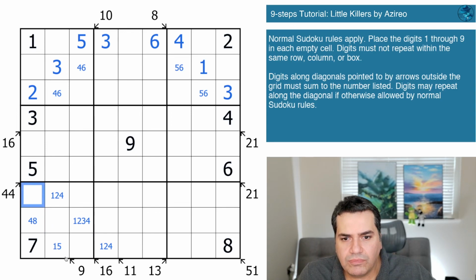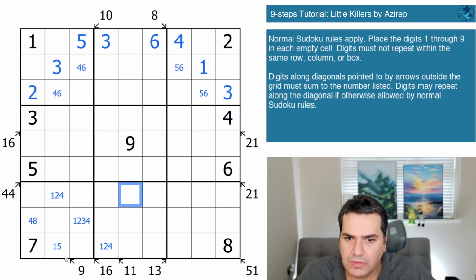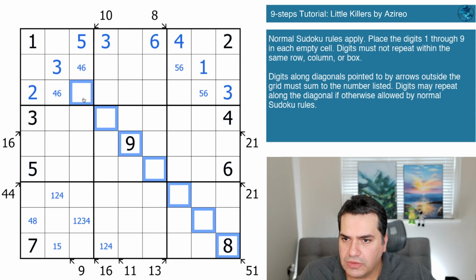I think I'm going down the wrong path looking at these diagonals. It's not these 3. I don't think it's the 13. The 51, there are just so many unknowns at this point. But let's just give that a go. So 7, 8, and 9 together.